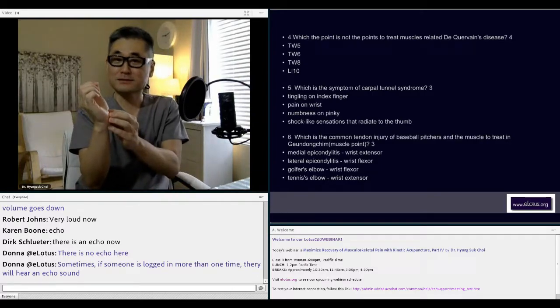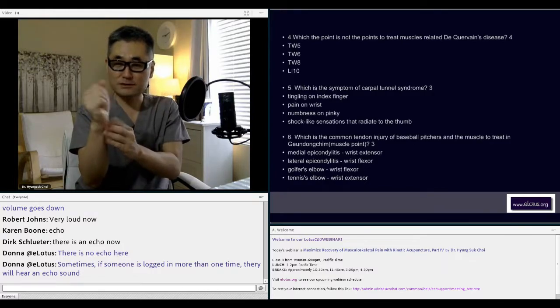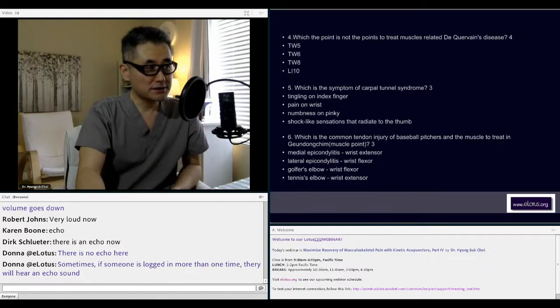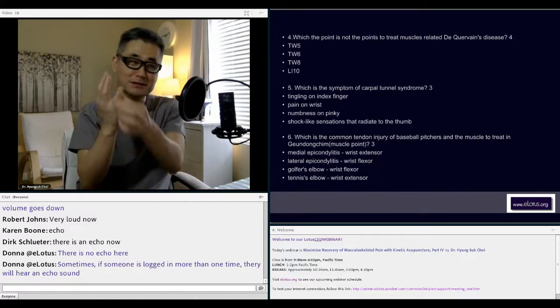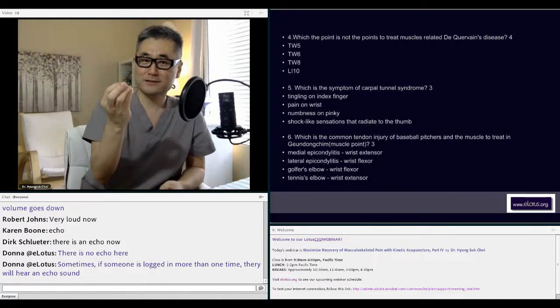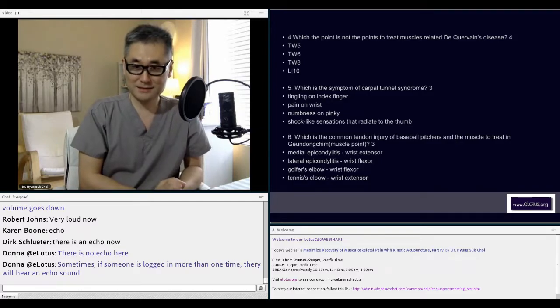In case they have a tendonitis here, they have trouble in wrist movement, and the pain can be presented even at rest. And numbness of the pinky and a shock-like sensation radiating to the thumb is possible, but numbness on the pinky cannot be a sign of carpal tunnel syndrome, right?